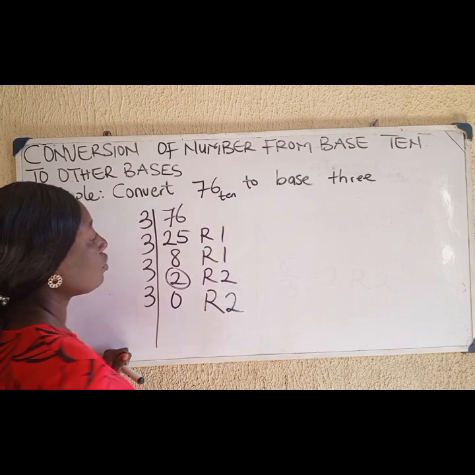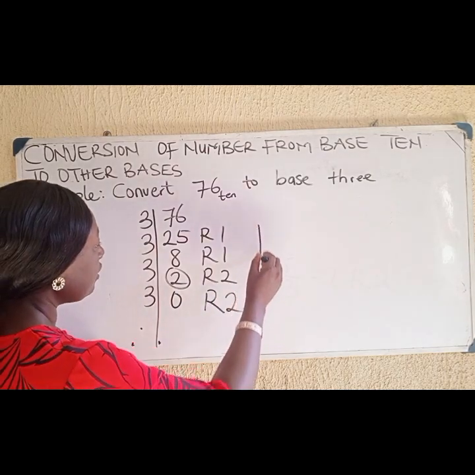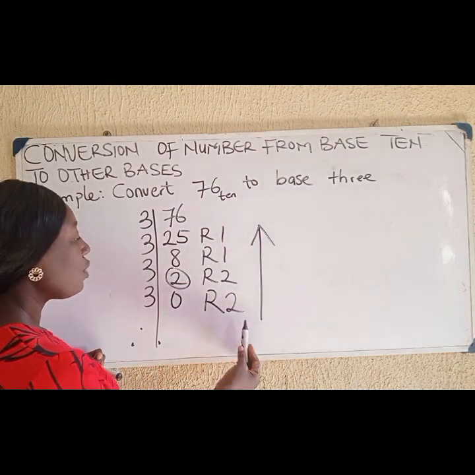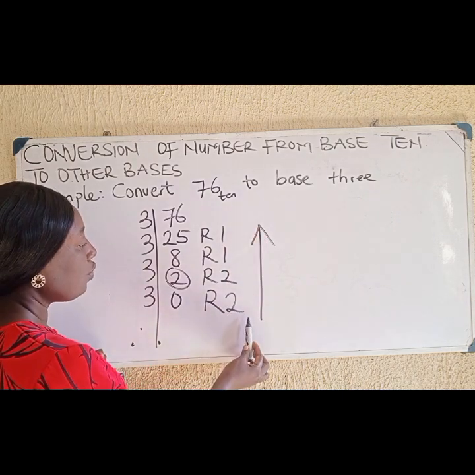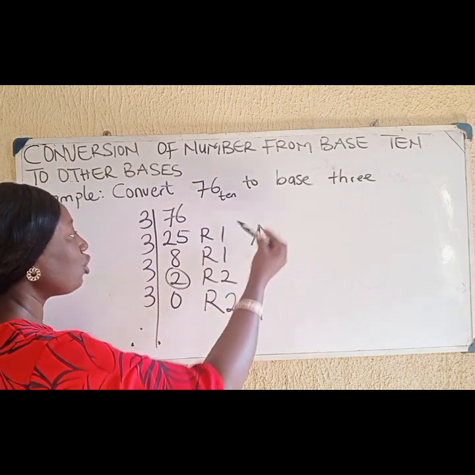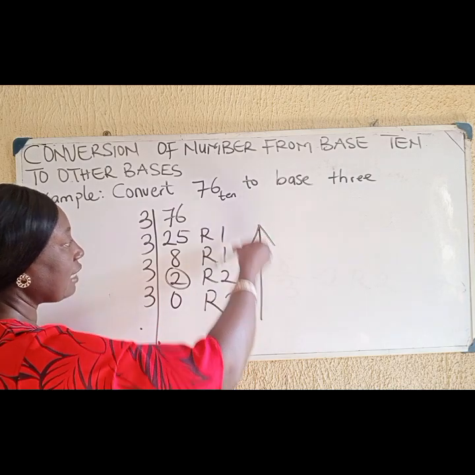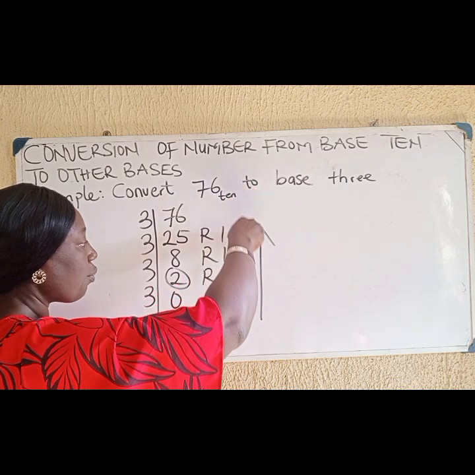I'll bring it out. Once we finish dividing, we put our arrow like this, showing that we are going to read our answer from down. Don't read from up. That is why some students fail. They will solve everything very well, but at the end they will read their answer from up to down.